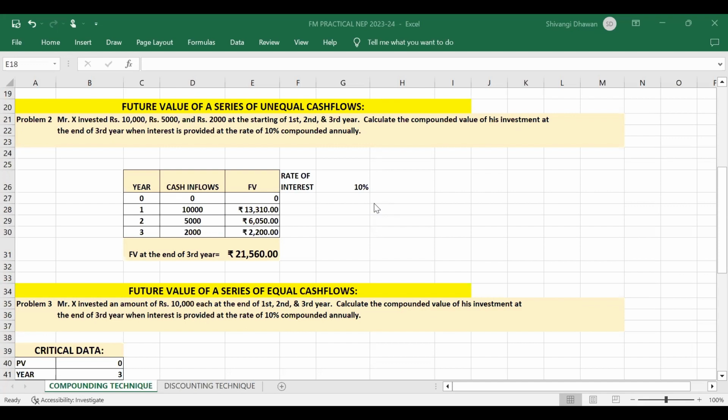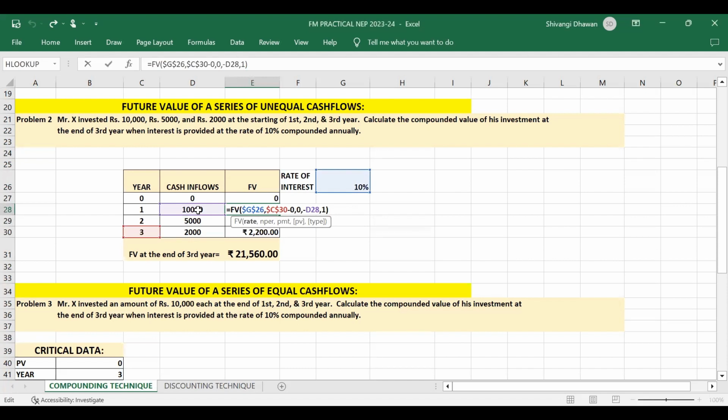So let's find out the future value of each of the cash inflows by using the built-in FV, that is future value function in Excel sheet corresponding to each of the cash inflows in this column E. Okay, so if you see here, first, in order to calculate the future value for the first year, what will be our formula? Is equal to FV, that is the FV function, we have activated it. Rate will be 10%, so we will be taking the cell referencing of it. NPER, that is the number of periods.